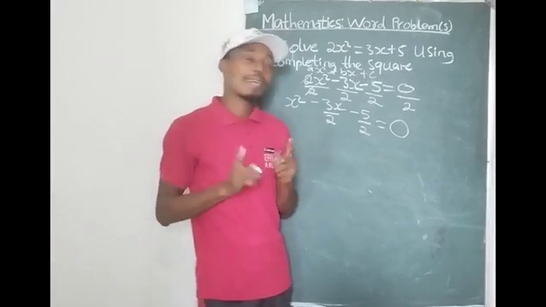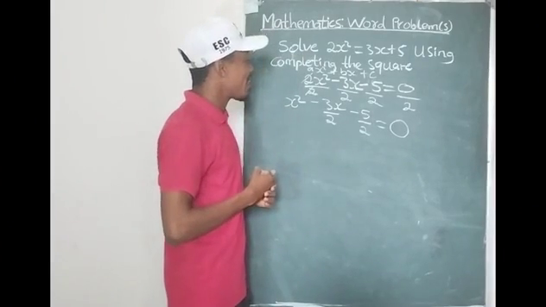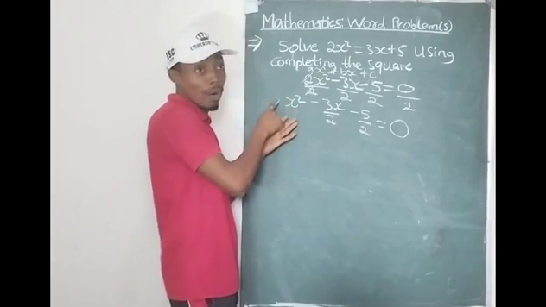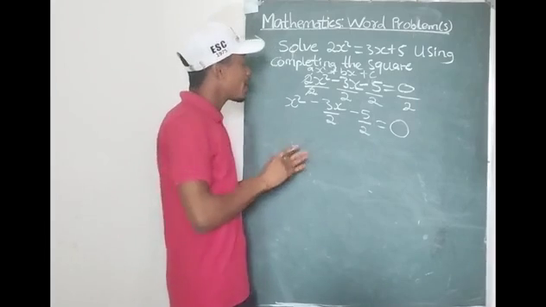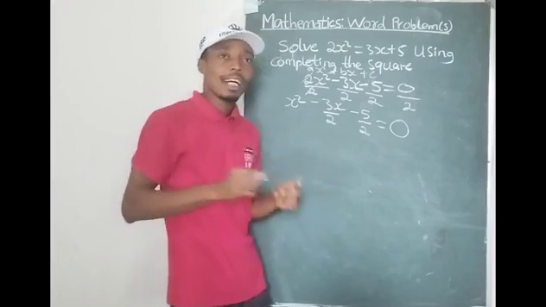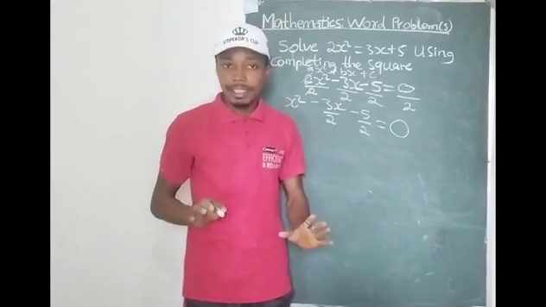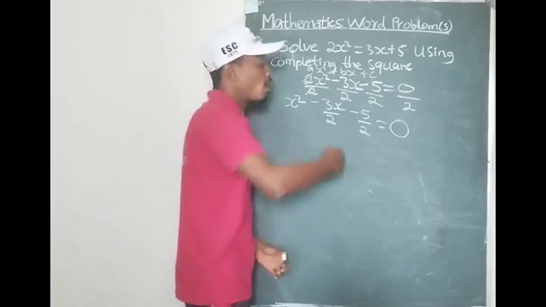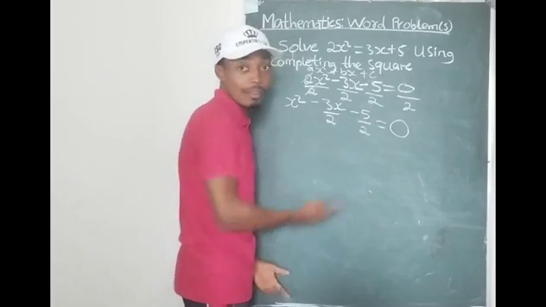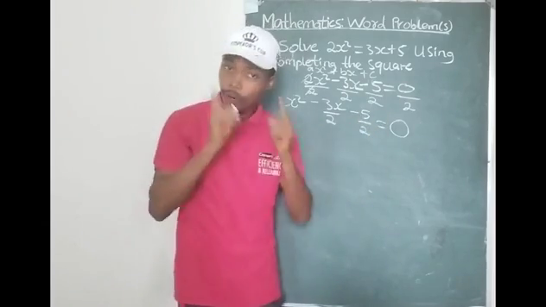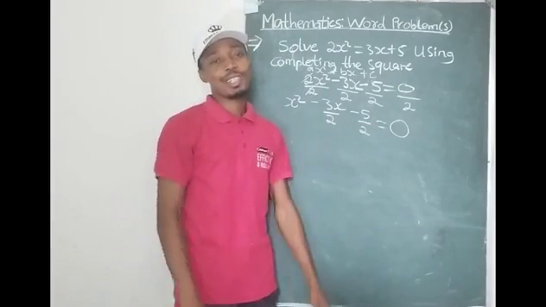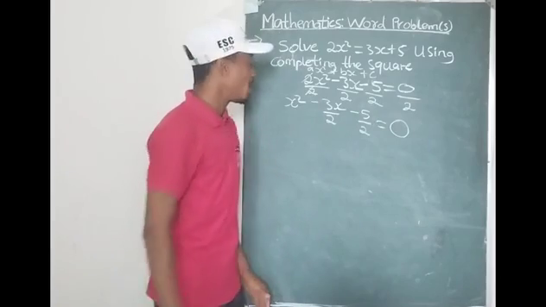Alright, so the next step we are going to take here is that the terms with x, you can see that the coefficient of x squared is 1, that is unity. Now, the terms with x would be on the left hand side, and the terms without x, that's a constant, would be on the right hand side. The only term that is without x is minus 5 over 2. So we're going to take it to the right hand side. And of course, when we take minus 5 over 2, the sign is going to change to plus 5 over 2.